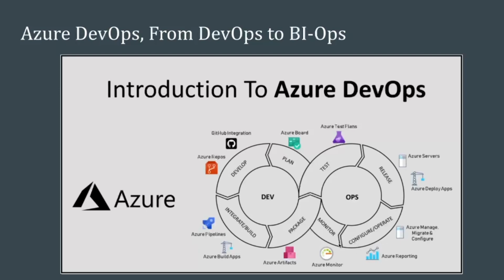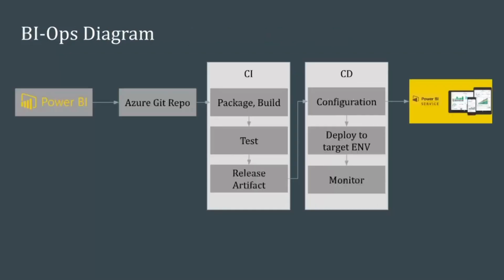And then we have the monitoring tools or monitoring service, which we call Azure Monitor or Azure Log. So this is a very interesting combination, a different set from other cloud providers like AWS or GCP. The process is the same, but the tools and the services may be different.